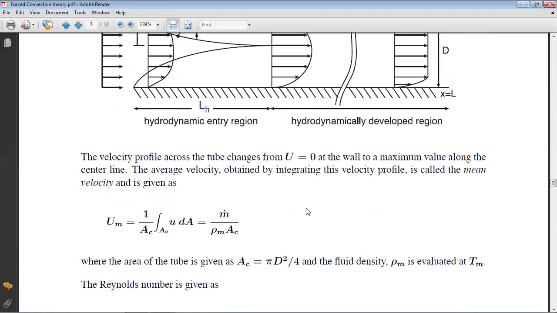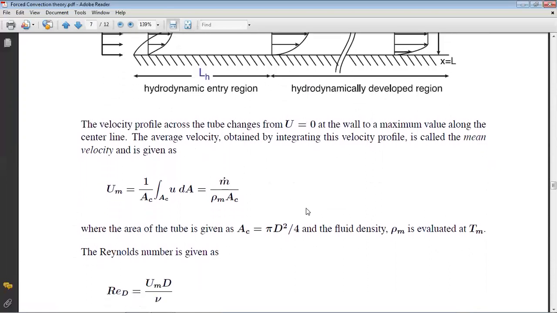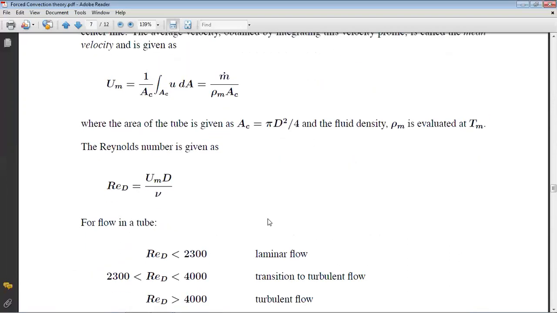The velocity can also be calculated using a standard relation m dot equals rho v into A, where v can be calculated as m dot upon rho into A. So A is nothing but pi by 4 d square for a pipe, where d is the diameter of the pipe.